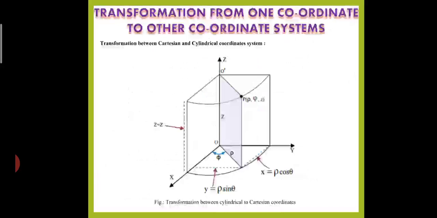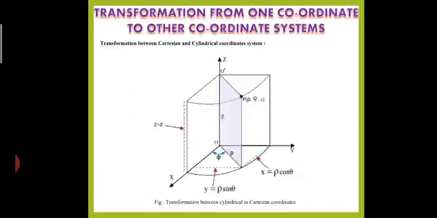Cylindrical to Cartesian: x is equal to rho cos phi, y is equal to rho sin phi, and z equal to z. Cartesian to cylindrical: rho is equal to the square root of x square plus y square, phi is equal to tan inverse y by x, and z is equal to z.